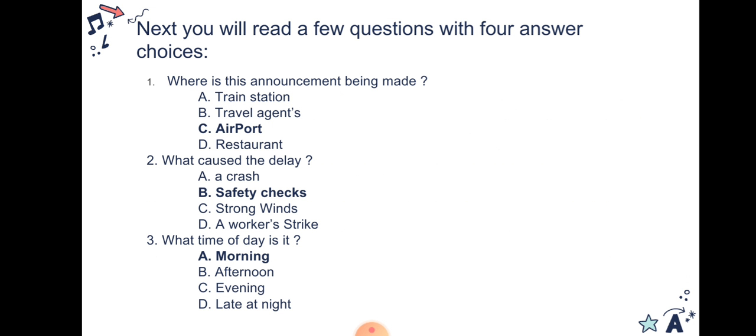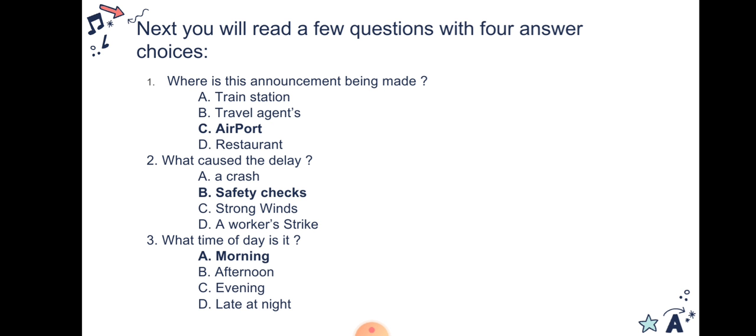Next, you will read a few questions with 4 answers. Answer choice. What is the announcement being made? A. Train station, B. Travel agents, C. Airport, D. Restaurant. Why is the answer C. Airport?